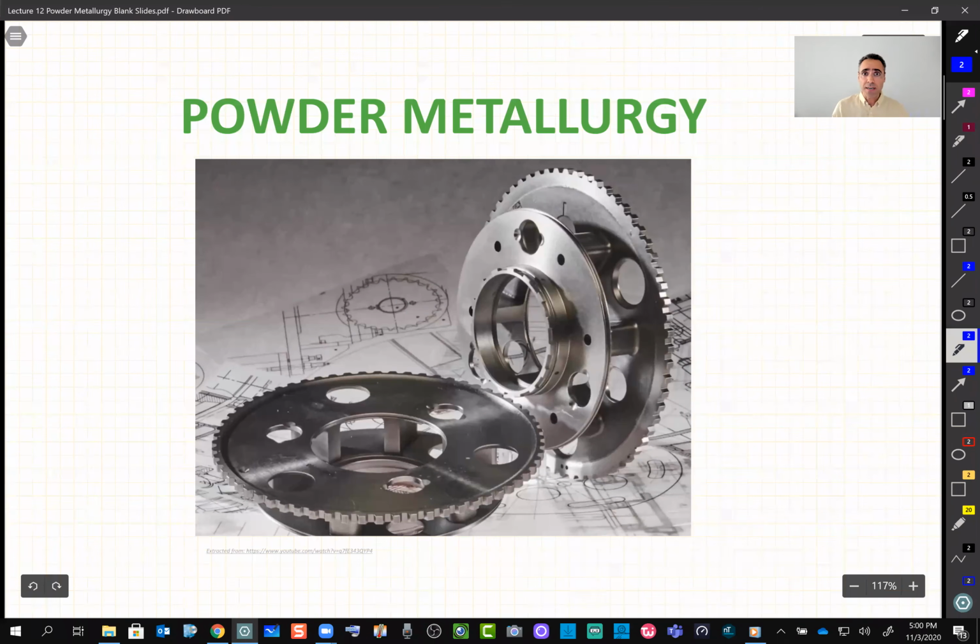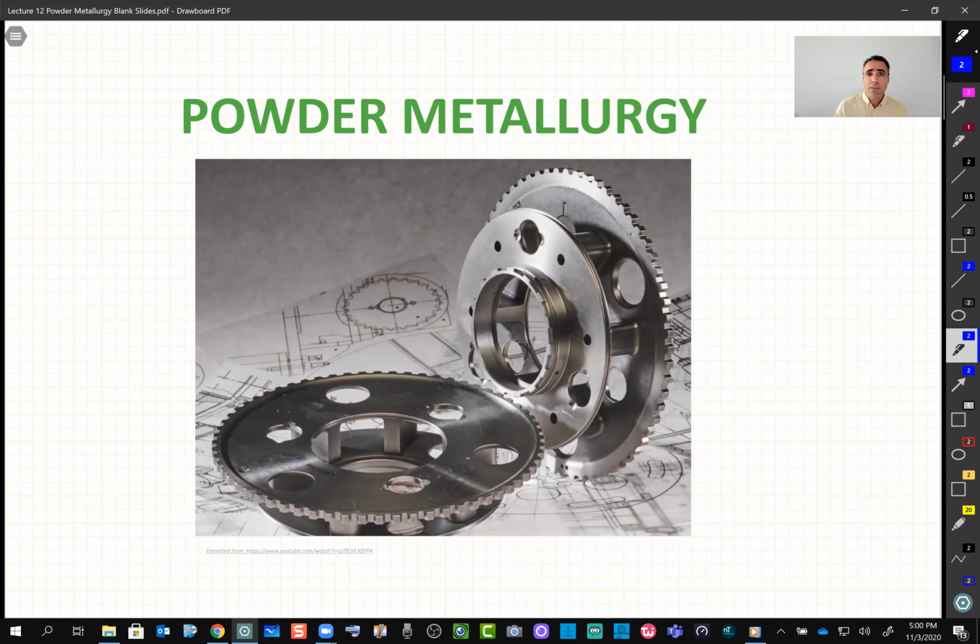So far, we've learned different ways to work with metal. When it is a sheet, we know sheet metal working is the process to go. Machining is another way to remove materials and get the desired shape. Last week, we learned casting. In casting, we melt a metal and we pour it into a cavity.